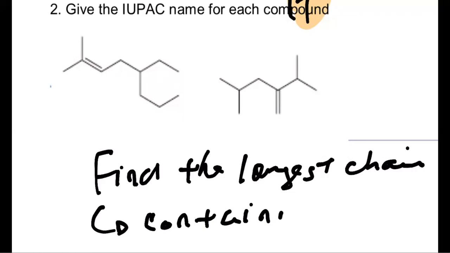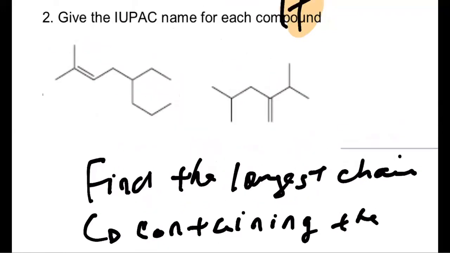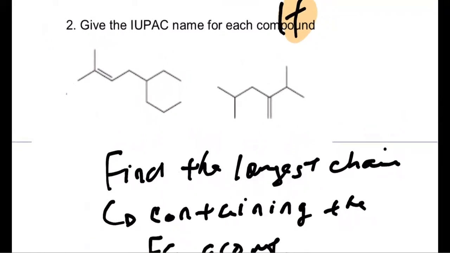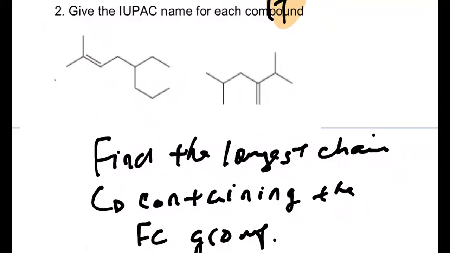So containing the functional group. Right, so whatever the longest, in this case, the functional group that we're dealing with is an alkene. So we want to find that longest chain, right?